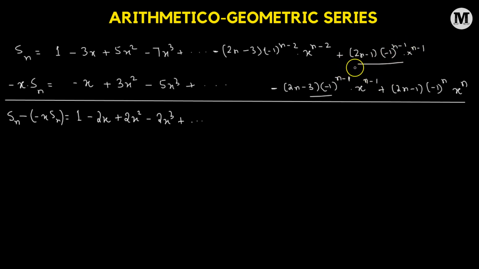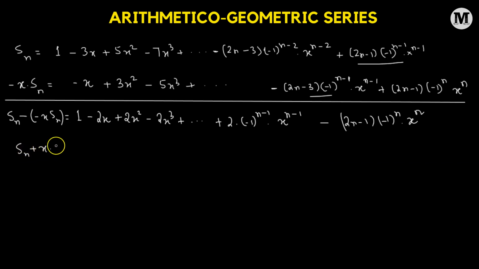Once we subtract, we're going to get 2 multiplied by negative 1 raised to the power of n minus 1 times x raised to the power of n minus 1, minus the last term, which is (2n minus 1) times negative 1 raised to the power of n times x raised to the power of n. Since the last term is coming out to be negative, its previous term was positive. Now on the left hand side, what we have is Sn added to x times Sn.